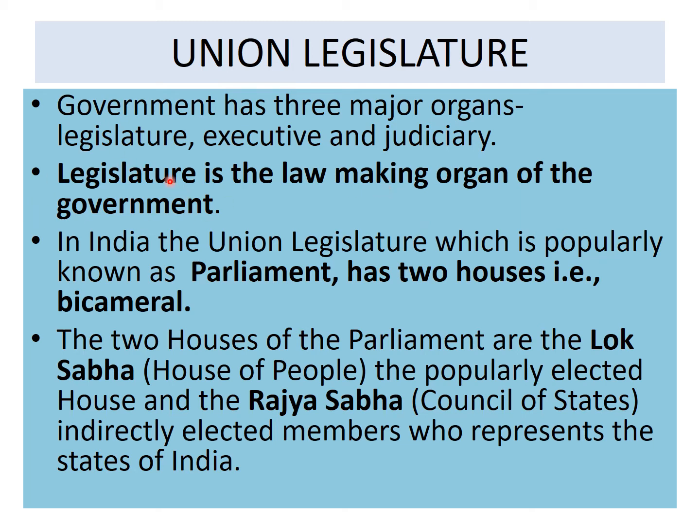It also performs judicial functions. How? It can remove members of the parliament, the vice president, and it can even remove the judges of the Supreme Court and the High Court. So judicial functions are also performed by the legislature. We know that parliament also makes the budget. So in short, these are the many roles that the union legislature performs.